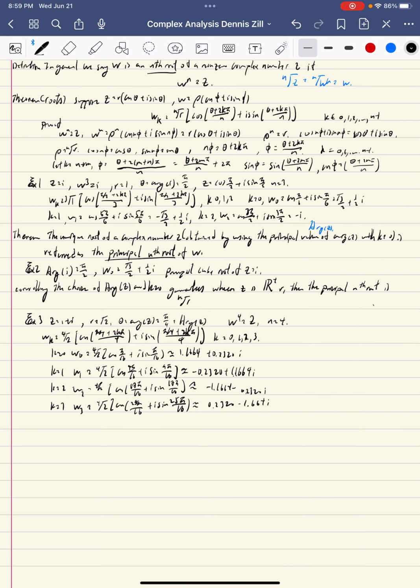Now let's end it with a remark. When m and n are positive integers with no common factor, then we define the rational power of z, which really is just z to the m over n.